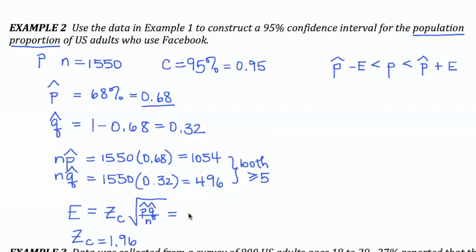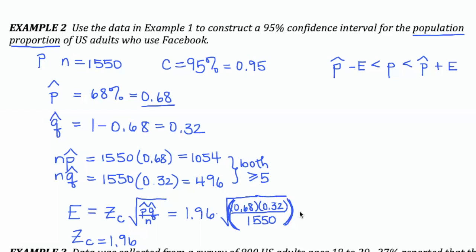So I would substitute that in. So now I have 1.96 times gigantic square root sign. P hat is 0.68. Q hat is 0.32 divided by the sample size, which is 1550. And just make sure that when you calculate the square root on a calculator, you're going to want parentheses around all of this on the inside to make sure it takes the square root of all parts of this.